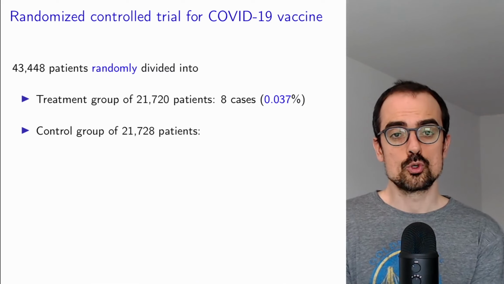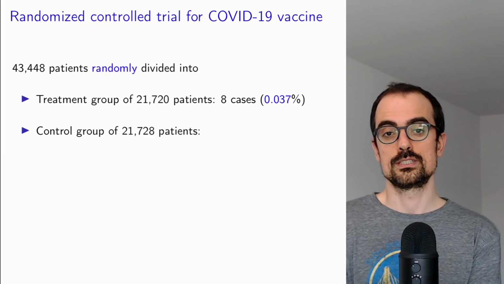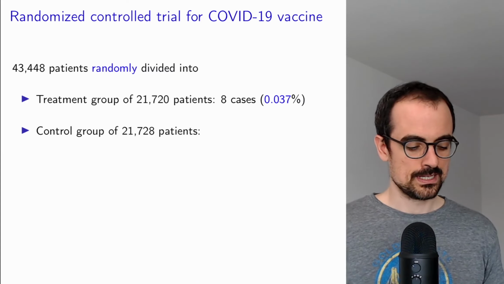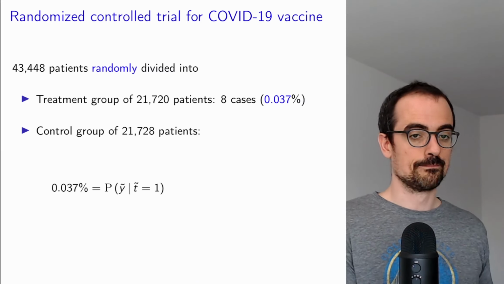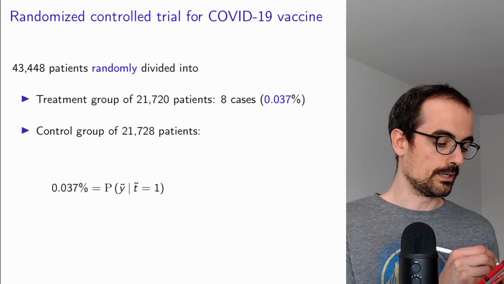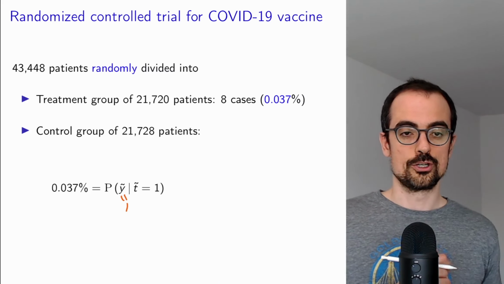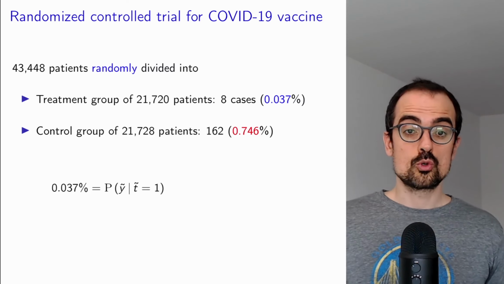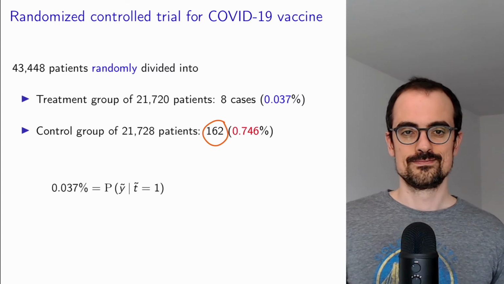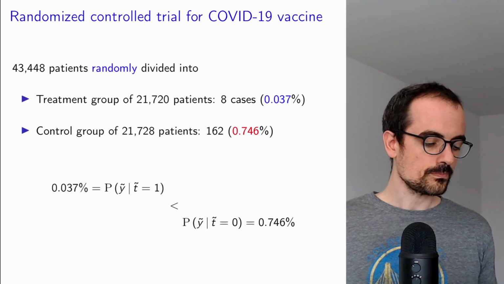And in the treatment group, the people who received the vaccine, there were 8 cases of COVID-19, so 0.037%. And that tells us that the probability, here I should put y equals 1, so getting COVID, given that you received the vaccine, was 0.037%. Among the control group, 162 people had COVID, so 0.746%.